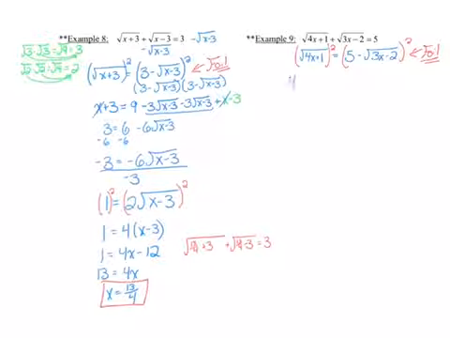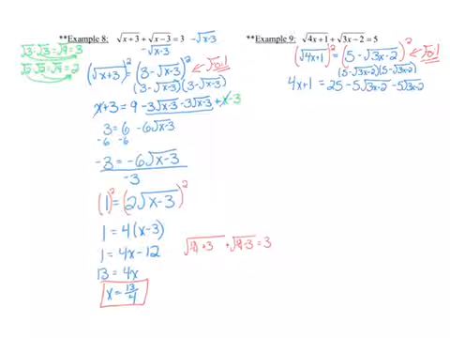So we're going to end up with 4x plus 1 is equal to, now if you need to write it out separately, do it. So it's 5 minus the square root of 3x minus 2 times 5 minus the square root of 3x minus 2. So when we FOIL, we're going to get 25 minus 5 times the square root of 3x minus 2, then minus another 5 times the square root of 3x minus 2.